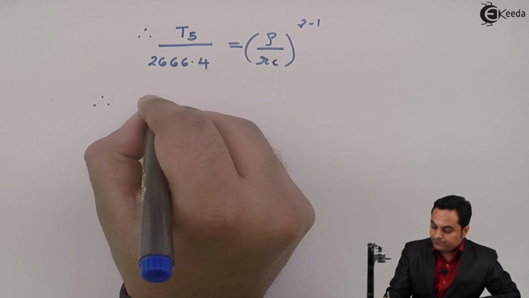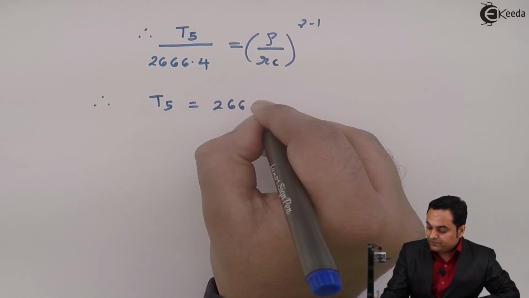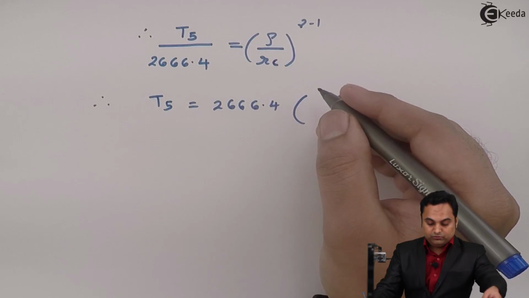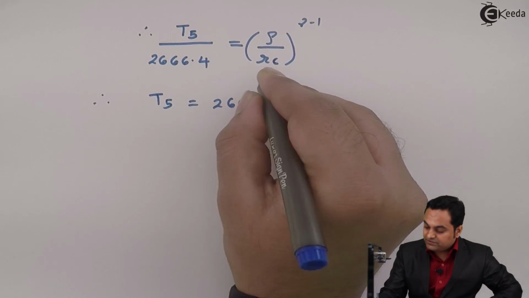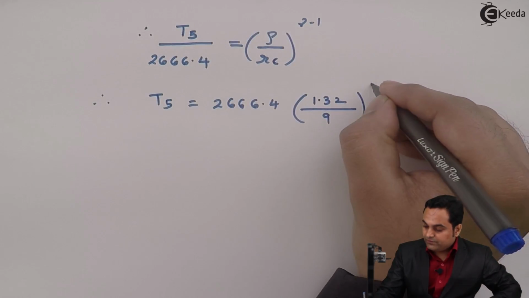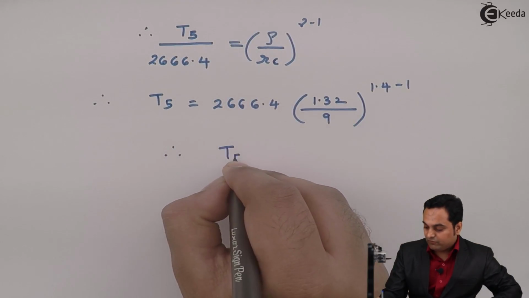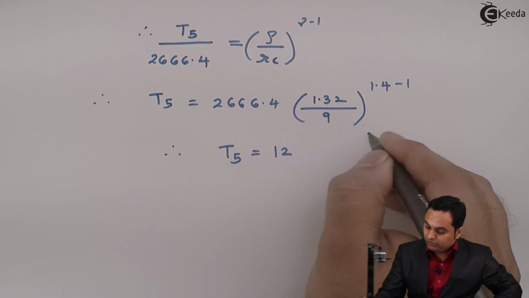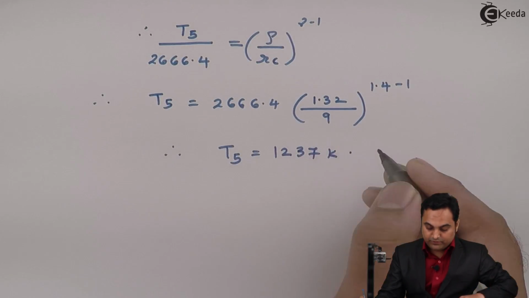Therefore T5 will be equal to 2666.4 times rho, which we found out was 1.32, upon RC, which is 9, raised to 1.4 minus 1, which is the value of gamma for air. On calculation, T5 comes out to be 1237 Kelvin.